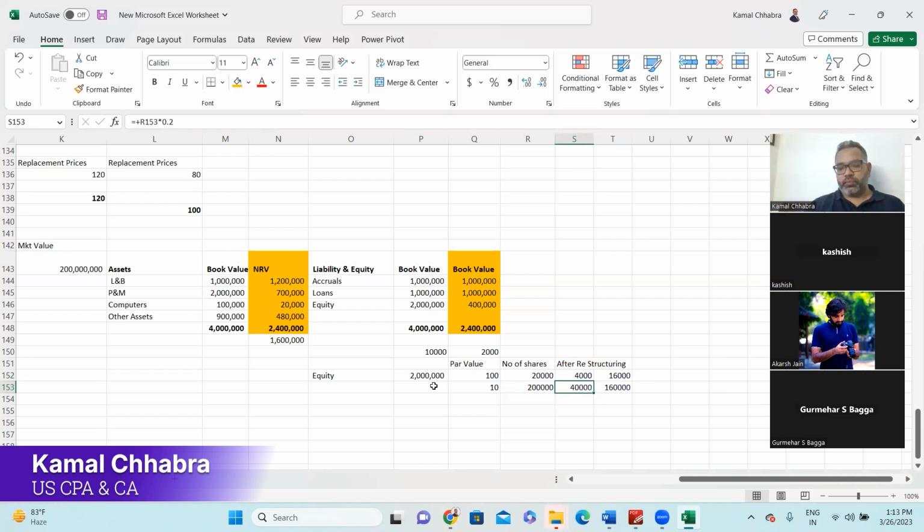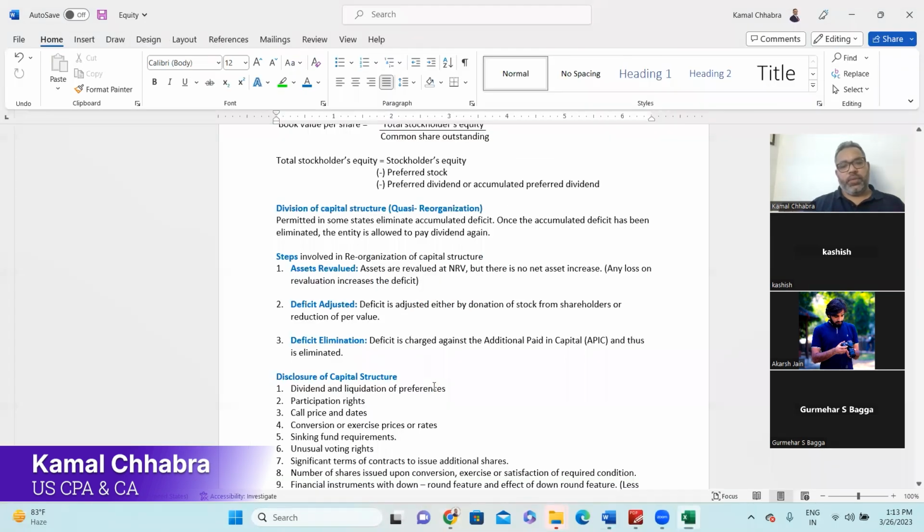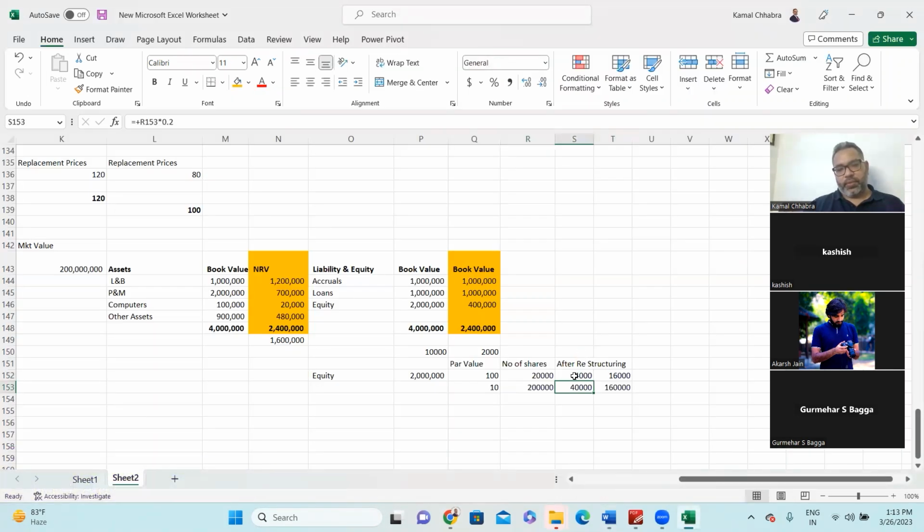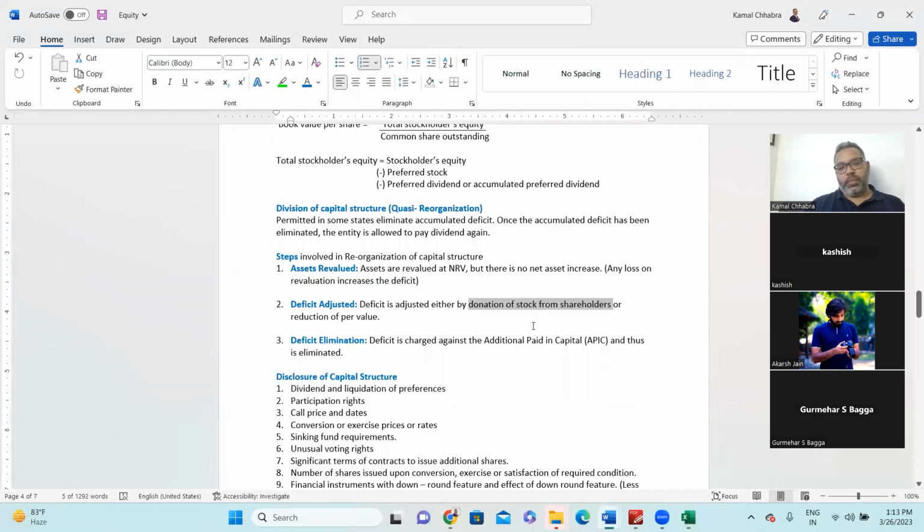Yes, sir. So if you see what it says, the deficit is adjusted either by donation of the stock from the shareholder, that means this 4,000, this 16,000 stock donation, or there may be a reduction in par value of the share.